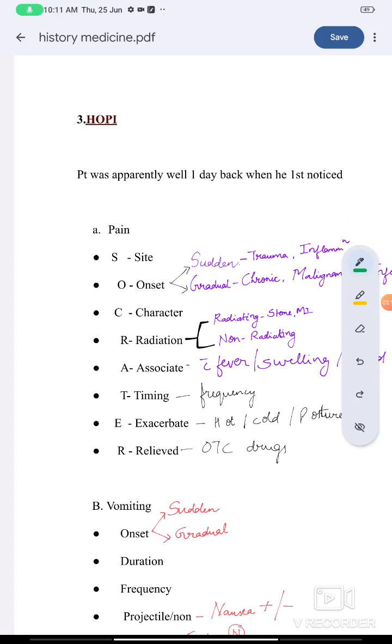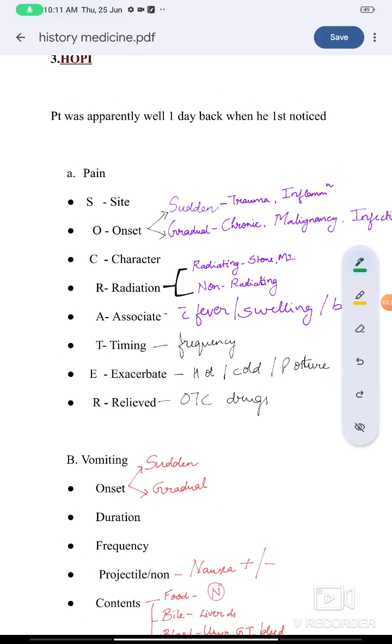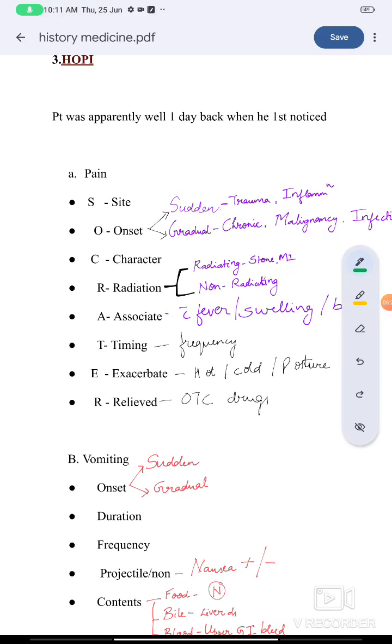Moving further to the most important and detailed aspect of history taking, history of present illness, HOPI. Whenever you write the HOPI, you have to begin with the patient was apparently well dash days back. So if the patient had fever and pain from 5 days, then you have to write the patient was apparently well 5 days back when he first noticed.